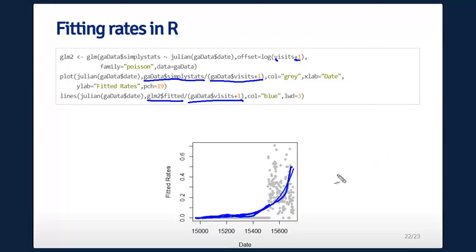So don't forget to log it, right? That's one thing. Don't forget that 0 and negative values are going to cause a problem for you, and otherwise, this is an incredibly useful thing, modeling rates using Poisson models.